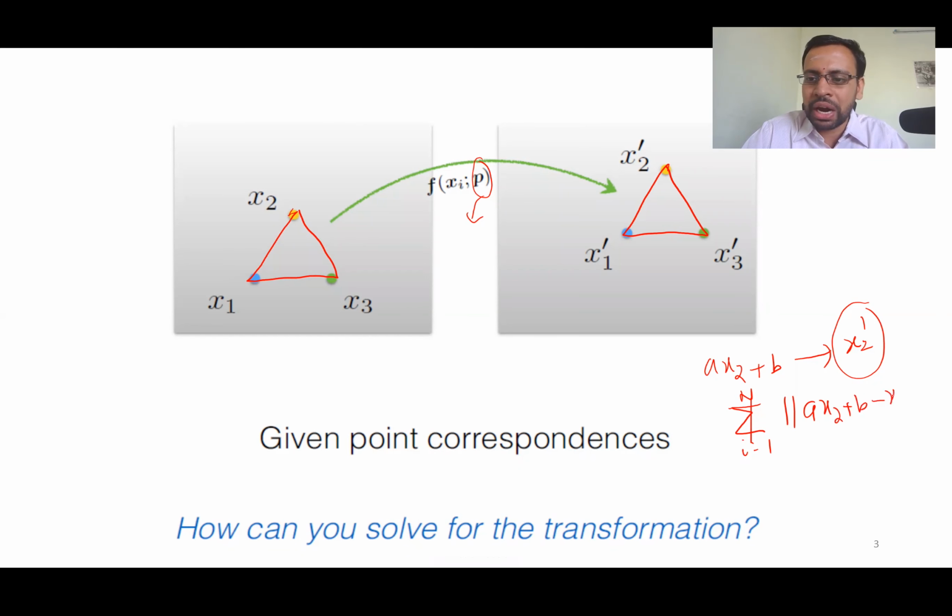It is different. Ideally it has to be x2 dash, or a times xi plus b minus xi prime. Subtracting that, this ideally has to be 0, but it is having some value.